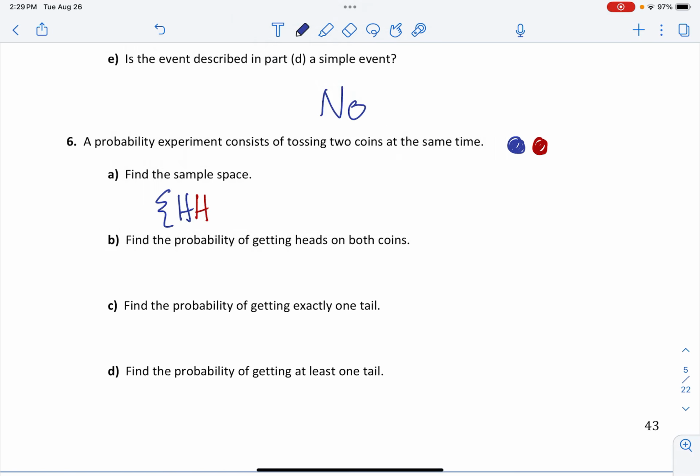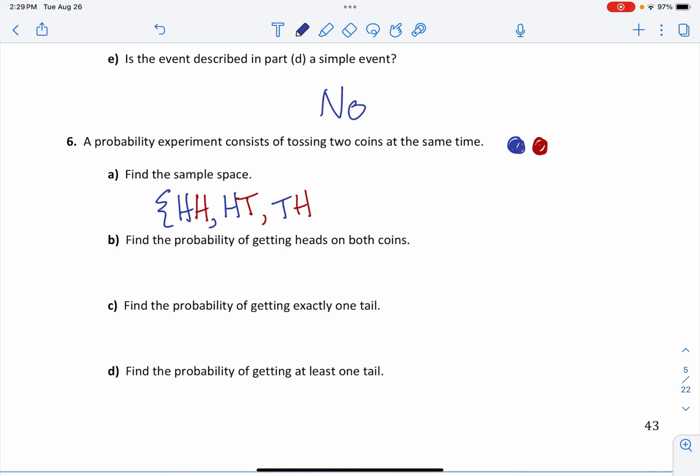Or we could get heads on the blue and tails on the red. That would be H and then T. Or we could get tails on the blue coin and heads on the red. That would look like this.